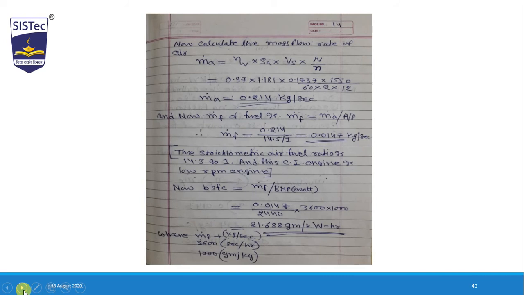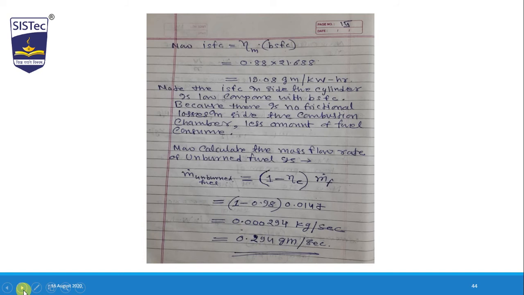So the answer is 21.688 gram per kilowatt hour. This is the brake specific fuel consumption. Now continue with the indicated specific fuel consumption. We are using the relation: mechanical efficiency multiplied by brake specific fuel consumption. So the answer is 19.08 gram per kilowatt hour.